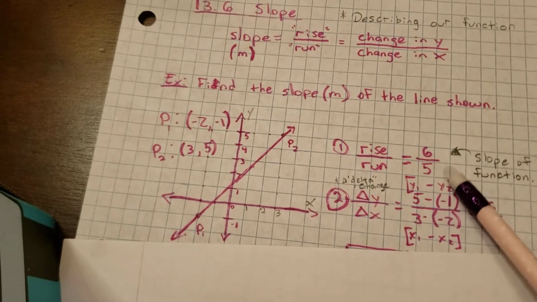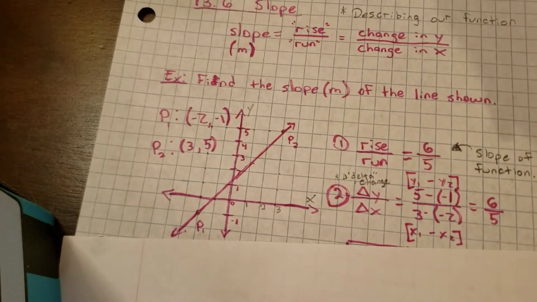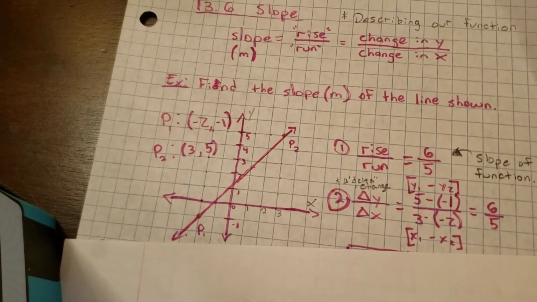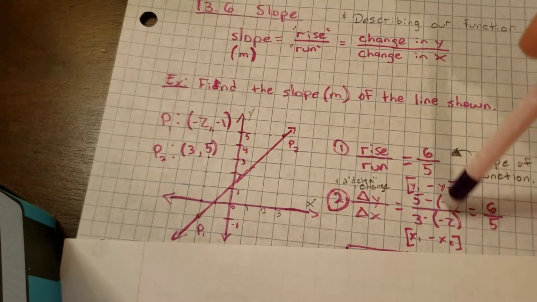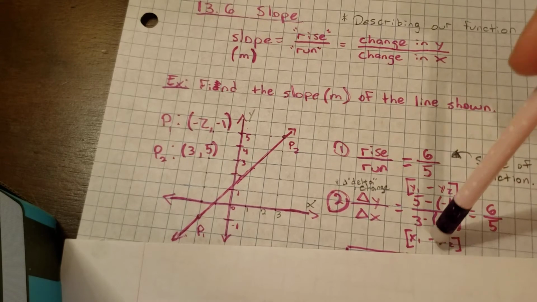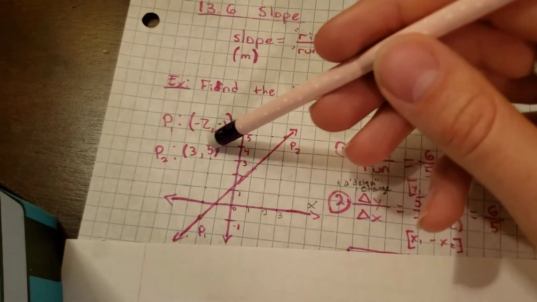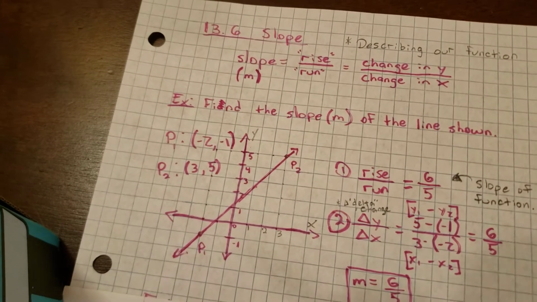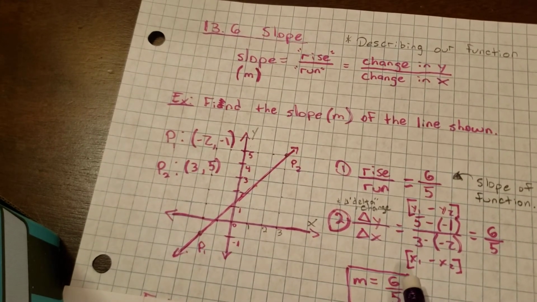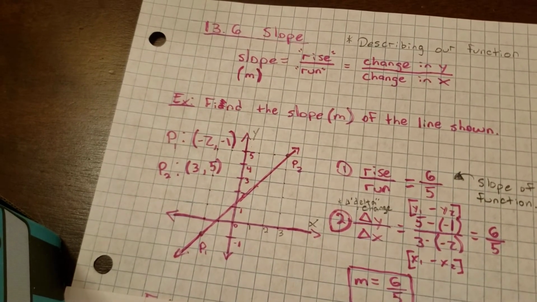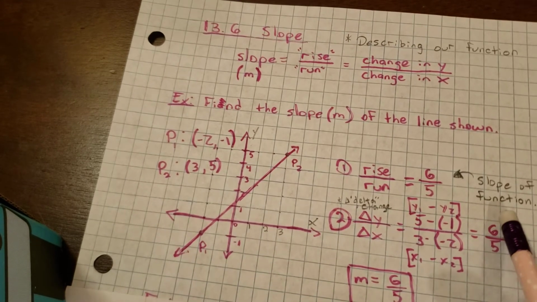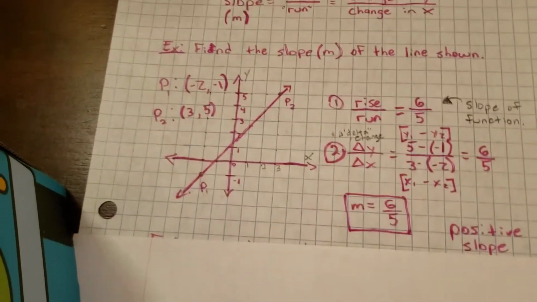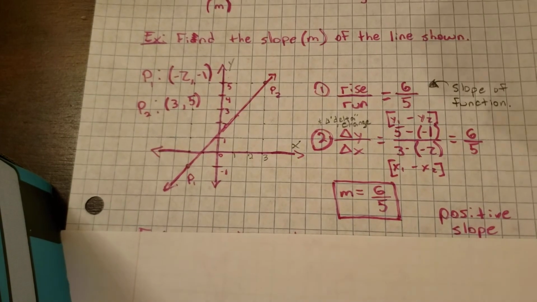So mathematically, we could figure it out with subtraction, or we could figure it out by following the graph. Okay, but again, our slope is 6/5, and because it's +6 over +5, we call this a positive slope.